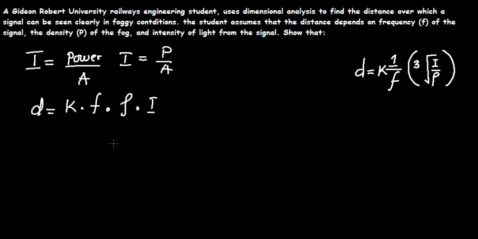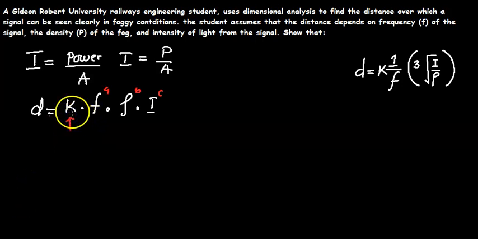And notice that the K is simply a dimensionless constant of proportionality, and A, B, and C are exponents to be determined. So we're going to put the A here, B, and C. I'm going to repeat that. A, B, and C are the exponents which we are going to determine. And we said this is a dimensionless constant, which we are going to neglect.